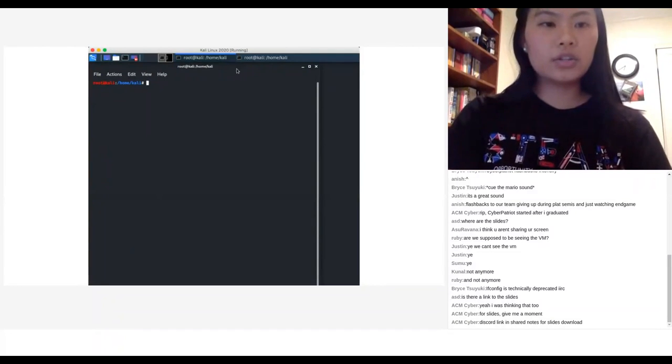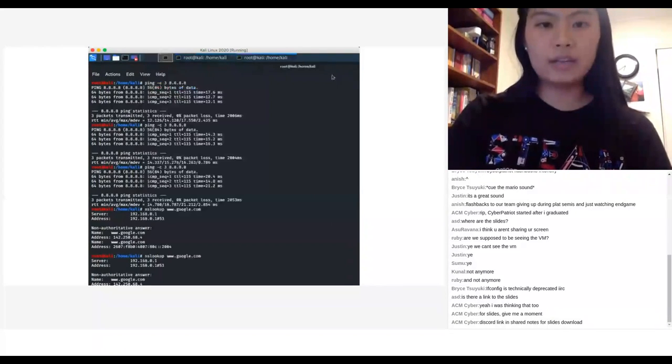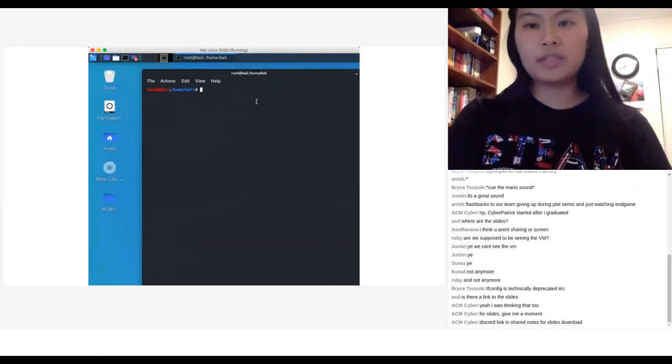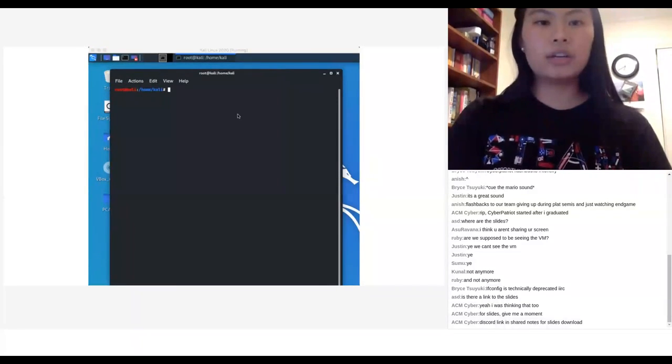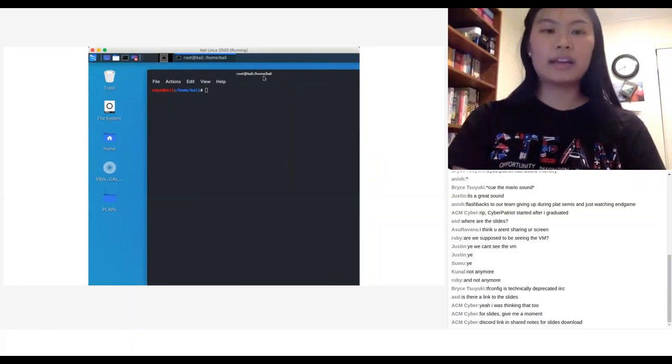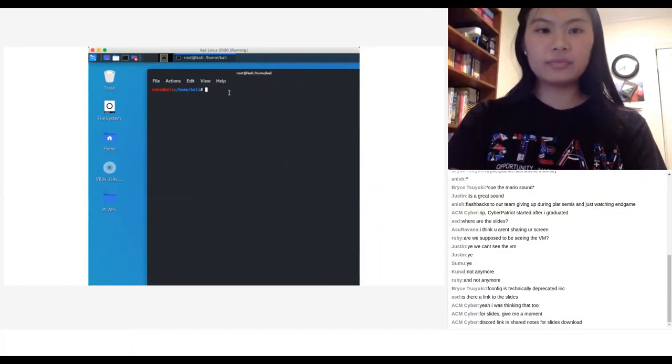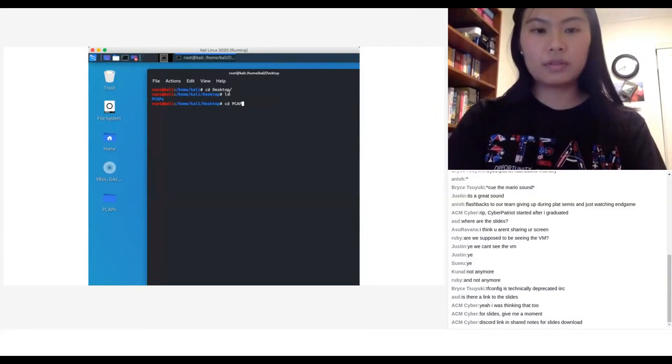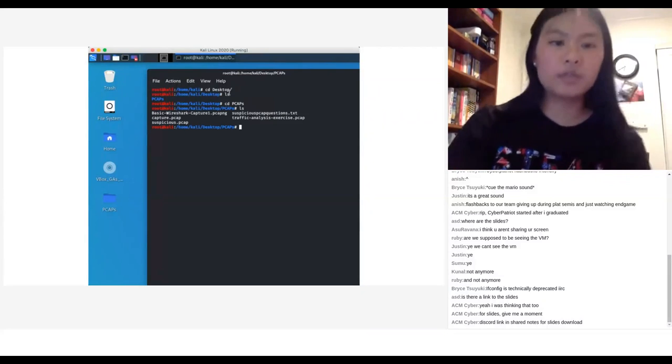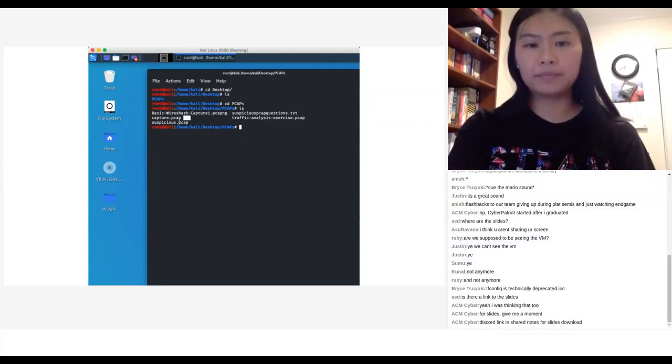The last thing I'll show you for tcpdump is that you don't have to do live captures like I was demonstrating here. You can analyze existing PCAPs or files. Right now I'm going to use suspicious.pcap.